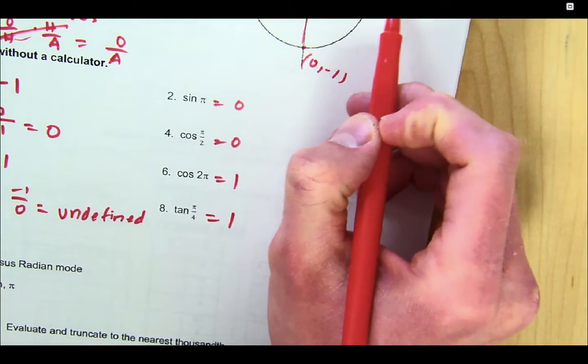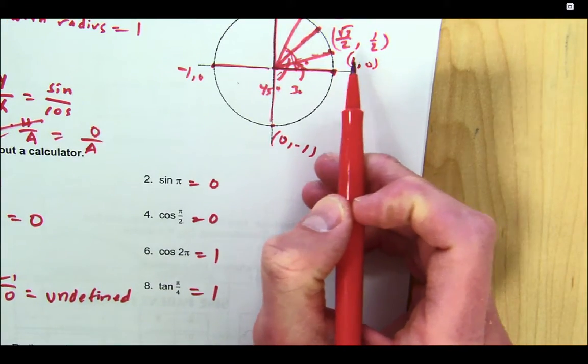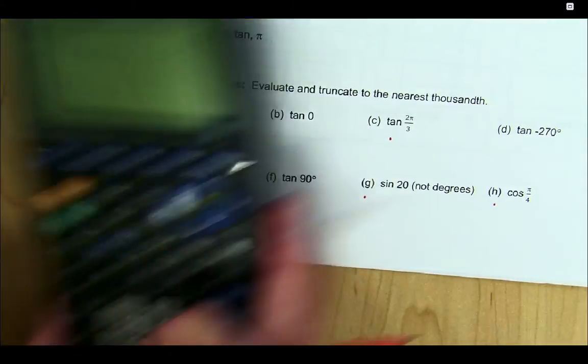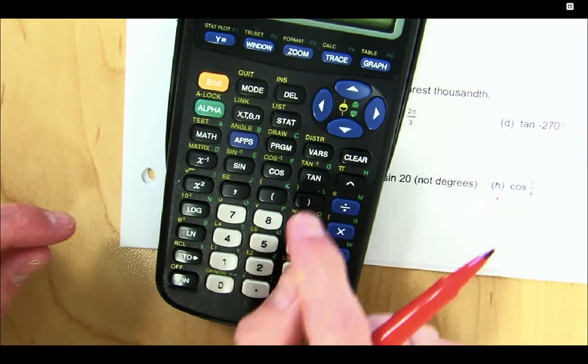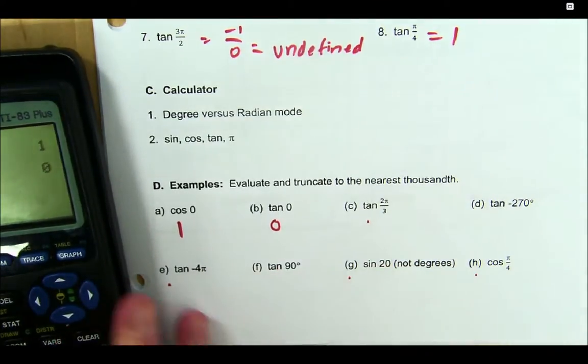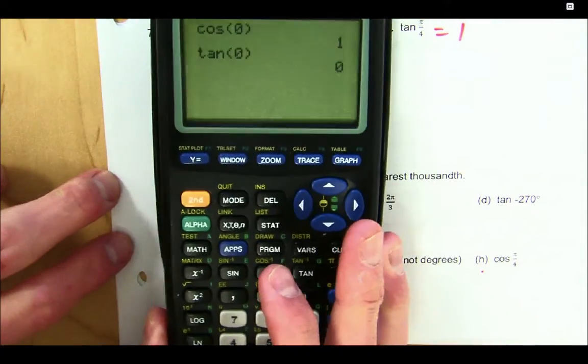The tangent at 0, well, remember that's y divided by x. Y divided by x, 0 divided by 1. So I'm really hoping here that tangent of 0 is 0. Come on, baby. Woohoo! It is. Tangent of 2 pi over 3.